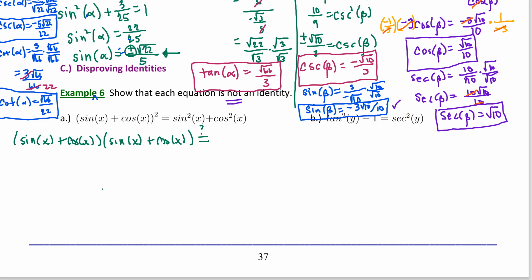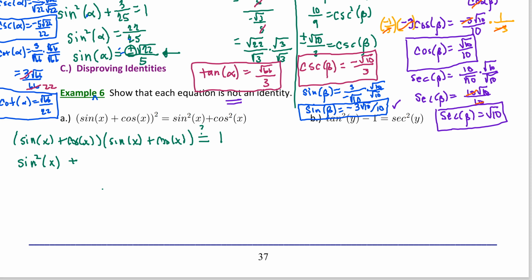So on the right side, we have sine squared of x plus cosine squared of x. You'll recognize that that is a Pythagorean identity with the value of 1. Now, let's see if we can simplify the left side to obtain the value of 1. Let's FOIL to obtain sine squared of x plus, notice the product of our outside terms is sine of x times cosine of x, and the product of our inside terms is cosine of x times sine of x.